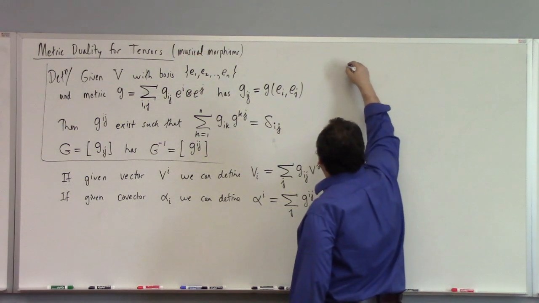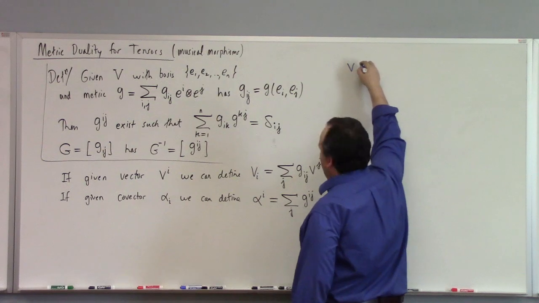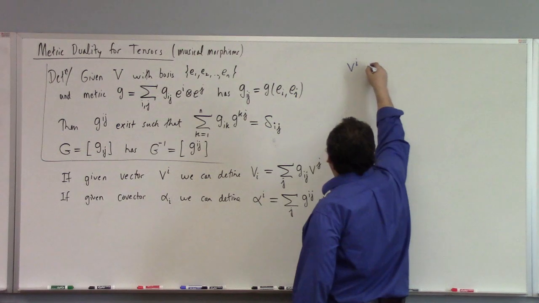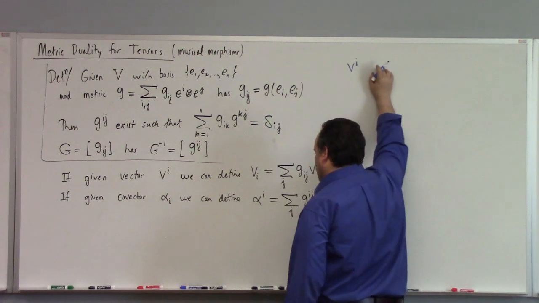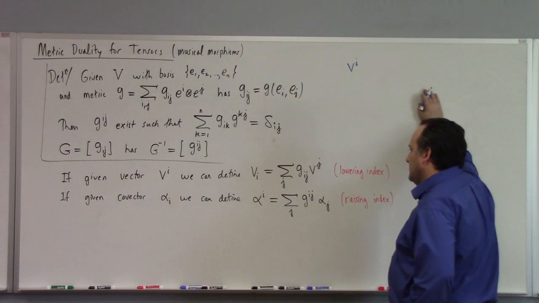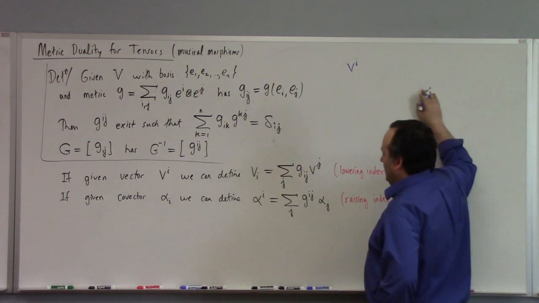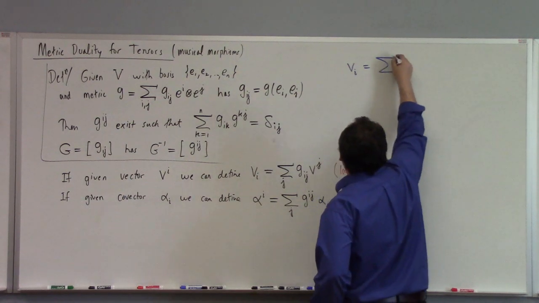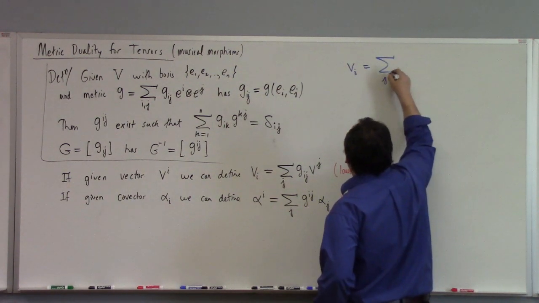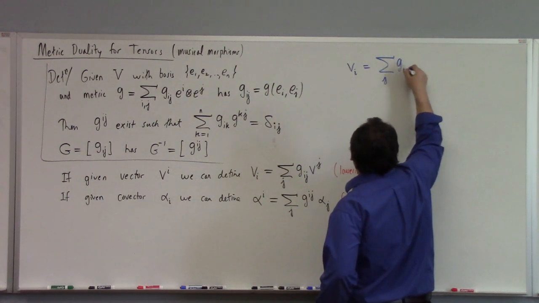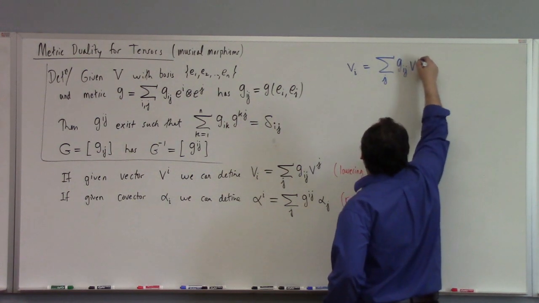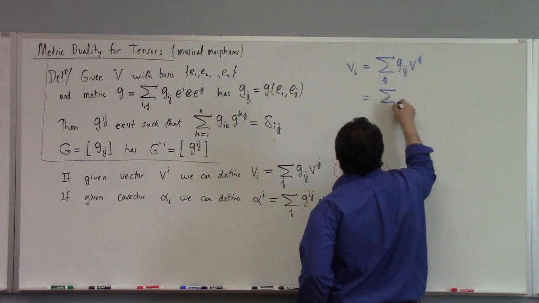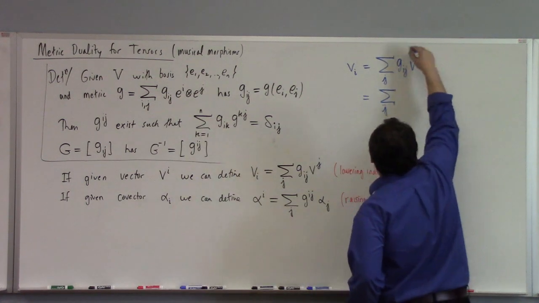So let's try this. We'll start with v upper i. I'm trying to think of how I can do this. All right, so v upper i, v lower i is equal to the sum over j of g i j v upper j. But then if you believe in this kind of stuff, we ought to be able to lower this index.